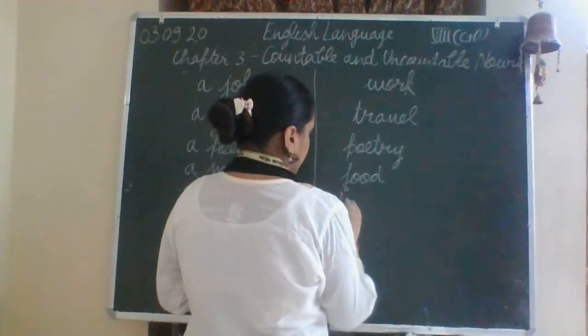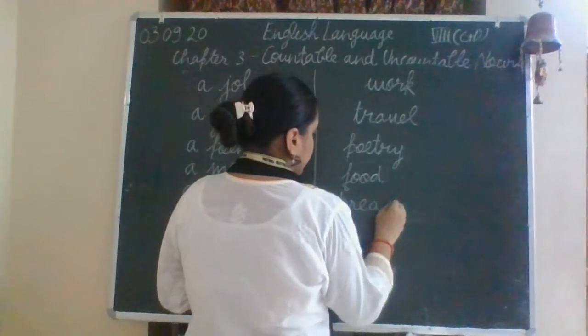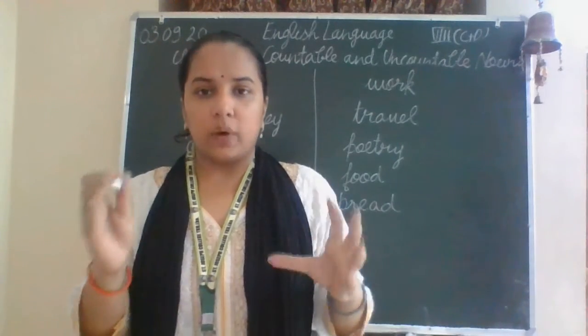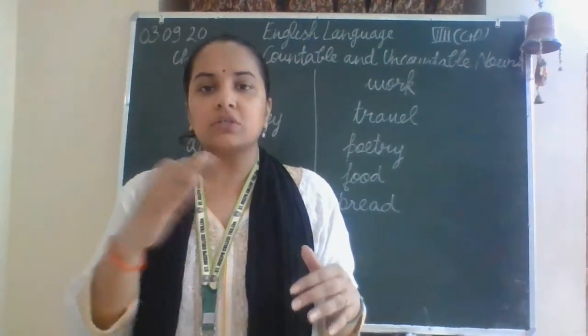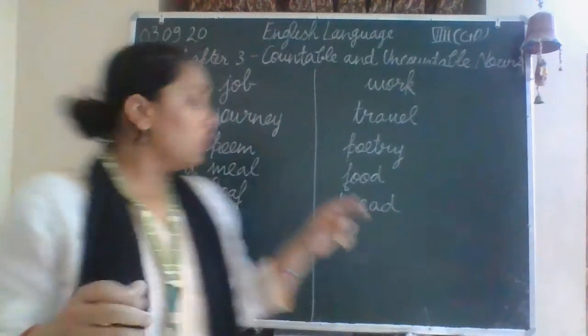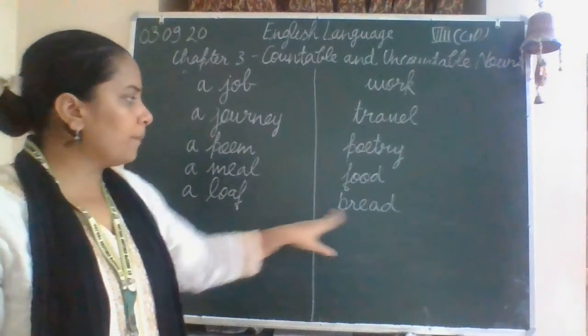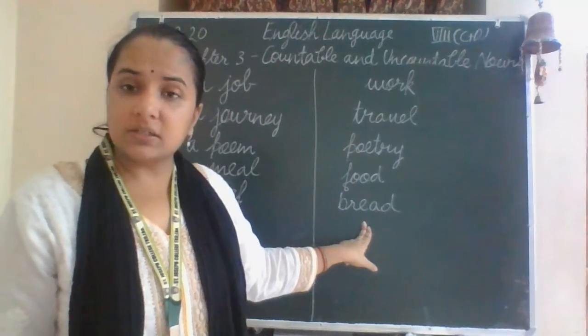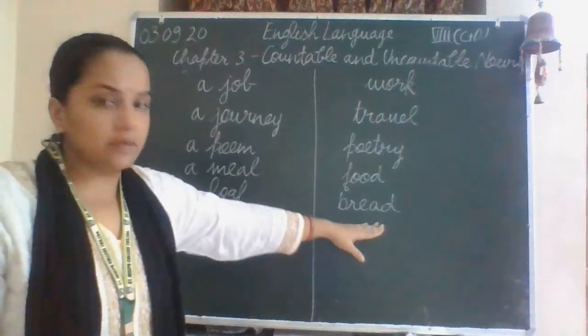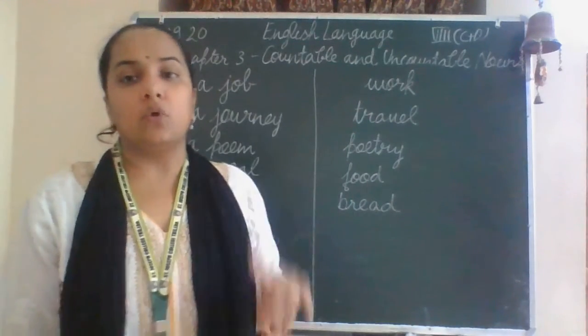Here it is bread. The whole piece of bread is known as the loaf when it is not divided into pieces. So that is loaf, but otherwise it is bread. So we can say a loaf, but whenever we are using bread, we will not use a.